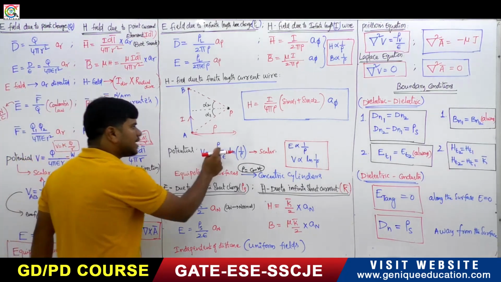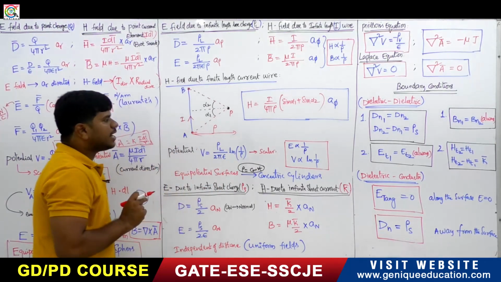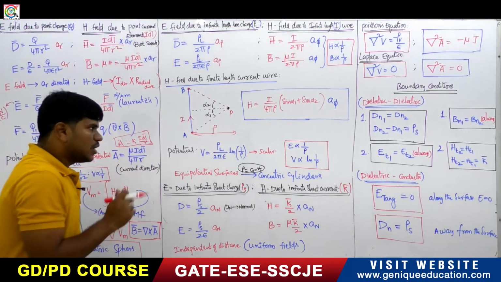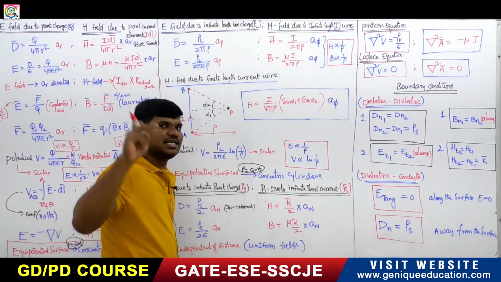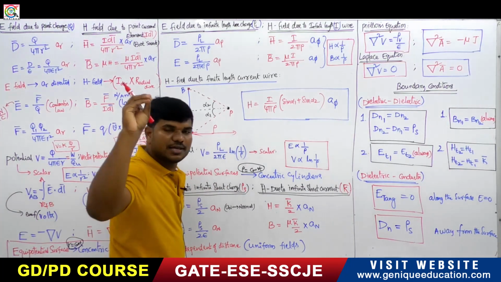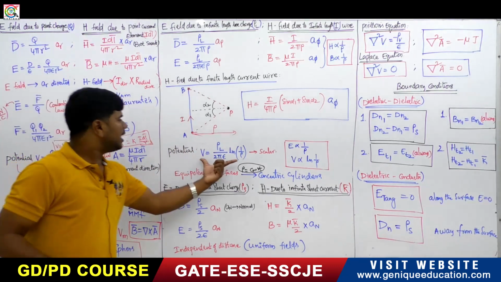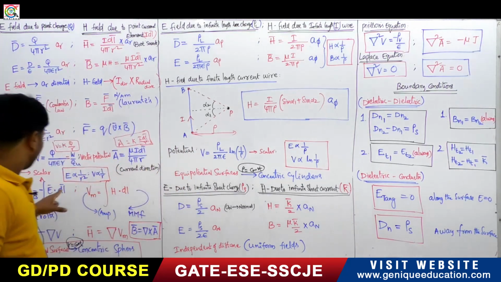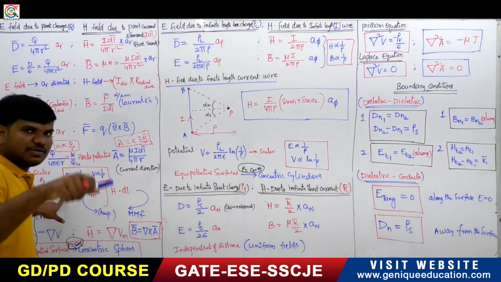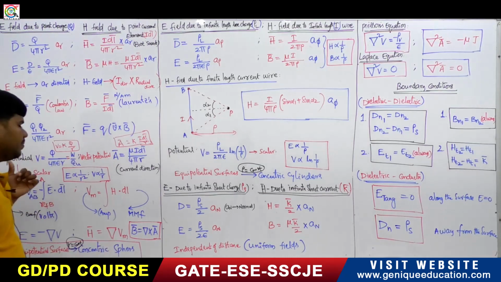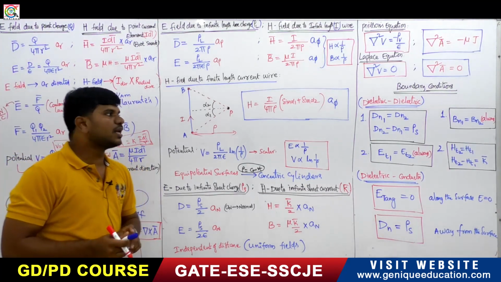If you observe this, you will get rho L divided by 2 pi epsilon ln of 1 by rho. From this, you came to know that electric potential is a scalar quantity, because electric field intensity is a vector and dl is also a vector. The dot product of these two vectors will be a scalar quantity.